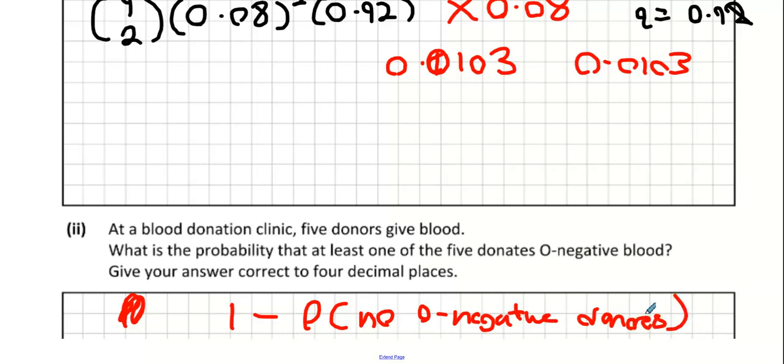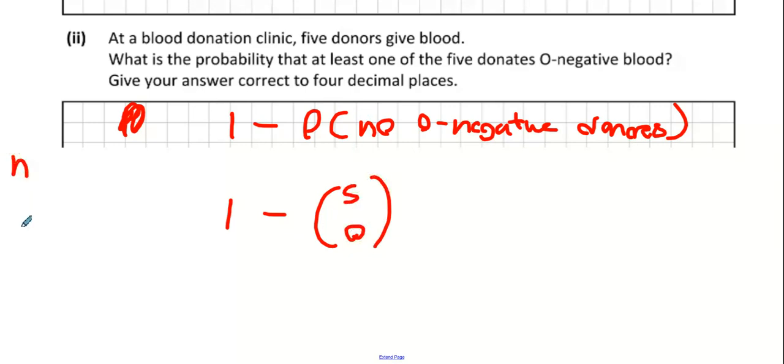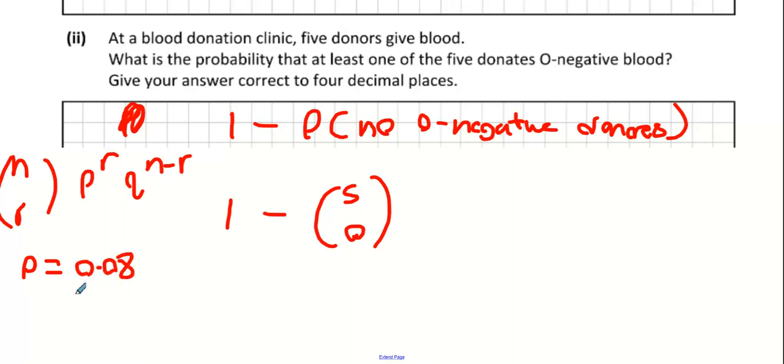Okay, so what we're going to do is 1 minus, okay, so 5 donors give blood, and we're going to say that none of them donated O negative blood. So it's n choose r, p to the power of r, q to the power of n minus r, and what we're saying is that none of them were O negative donors. So the probability of success is 0.08 and the probability of failure is 0.92.